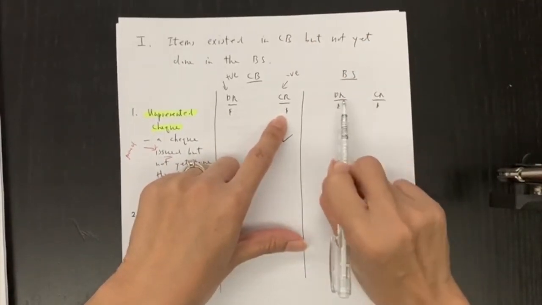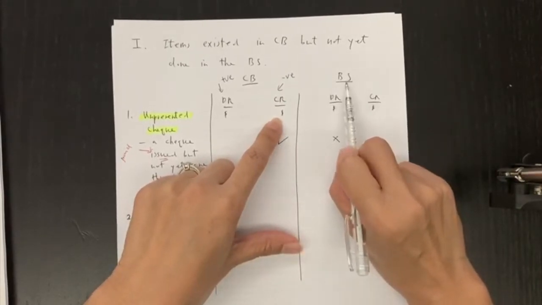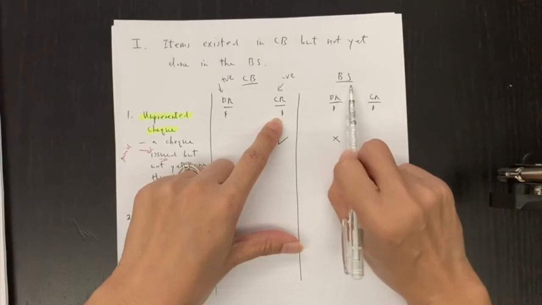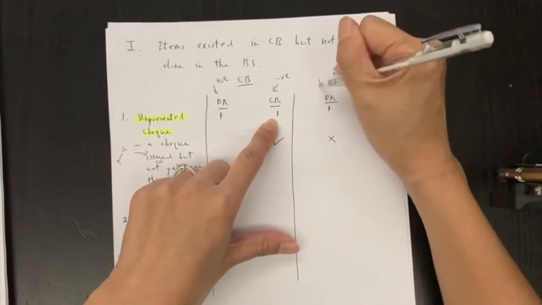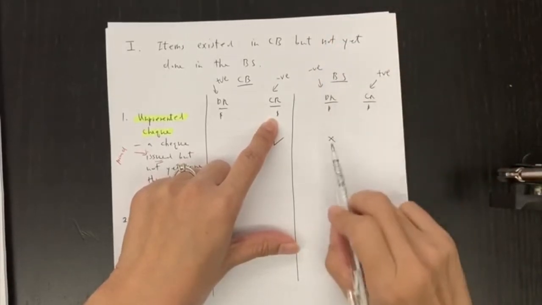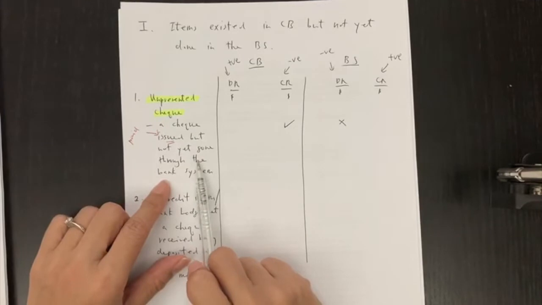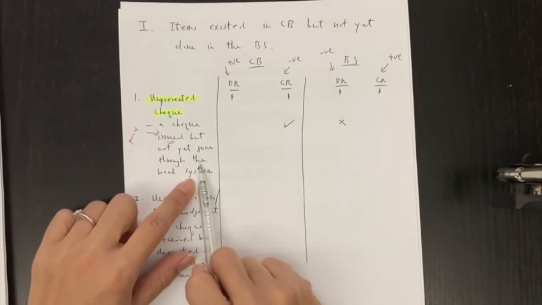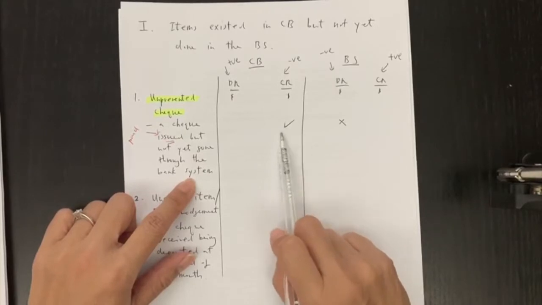The debit and credit in the bank statement will be just opposite because the people in the bank prepare the bank statement. Since we pay a check to the supplier, we will have less money in our bank account, so we credit the cash book. I put a tick here, meaning we have this transaction done.